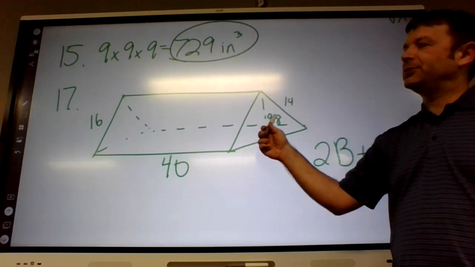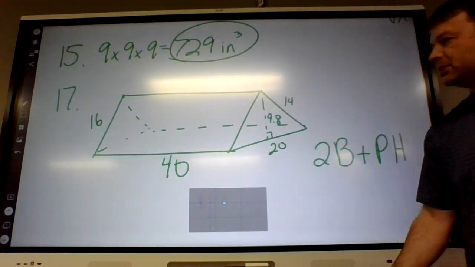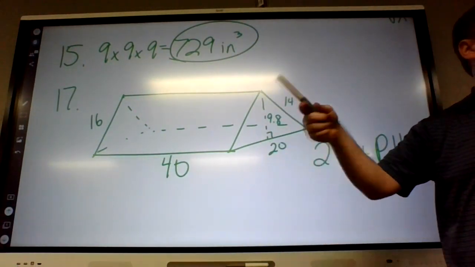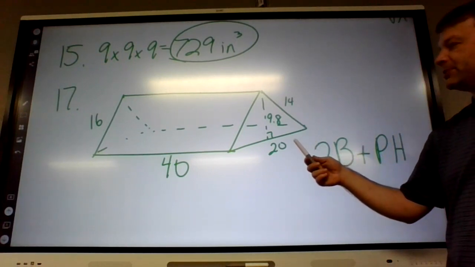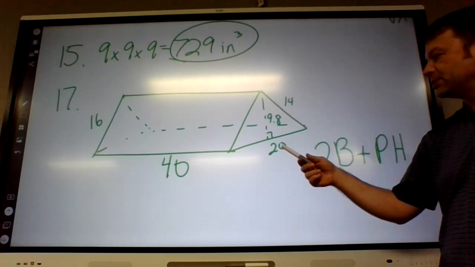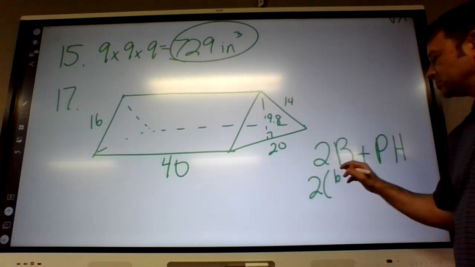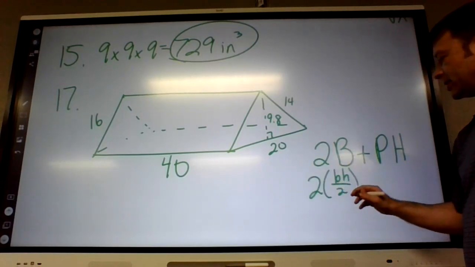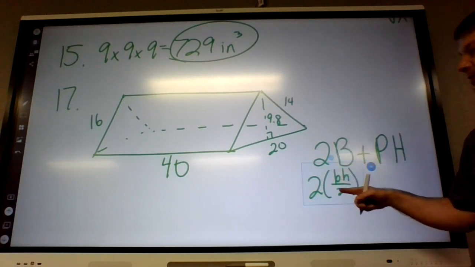Okay, the triangles, the sides that are identical, are the bases. What would base times height divided by 2 look like for this one? Okay, so the area of the base is the base of the triangle times the height of the triangle divided by 2.